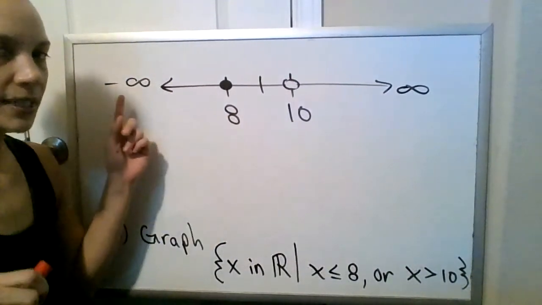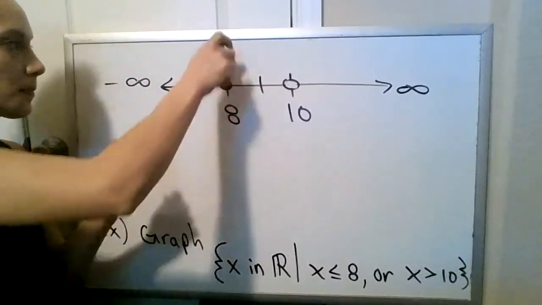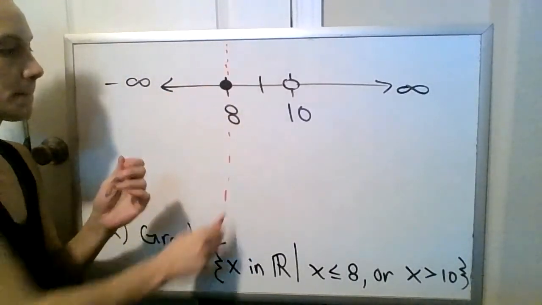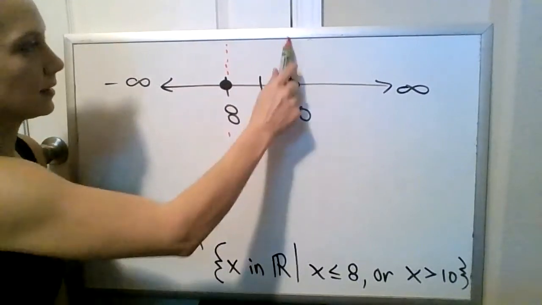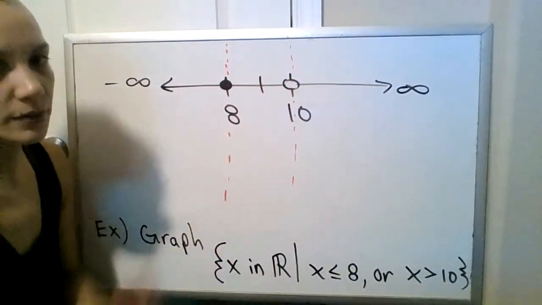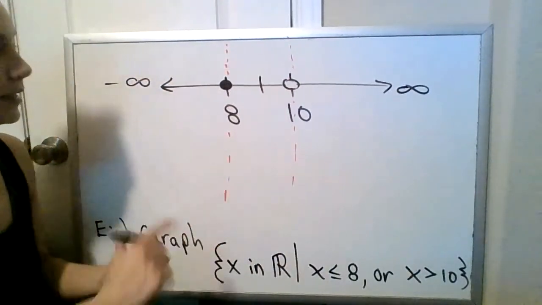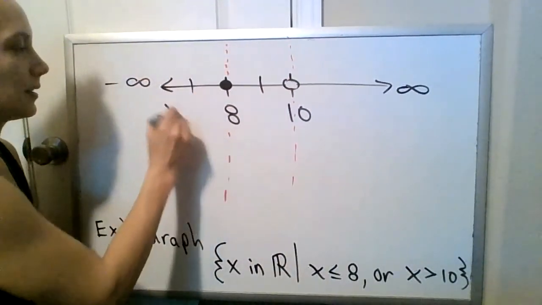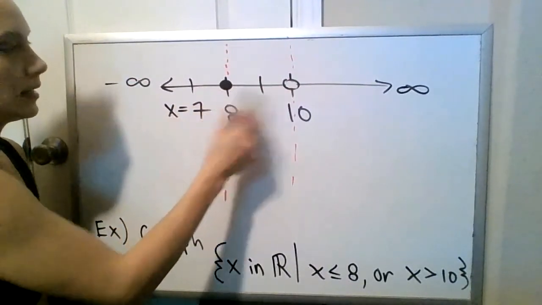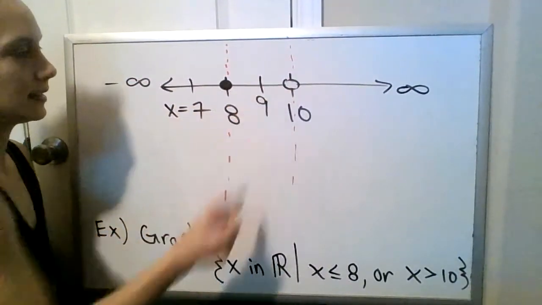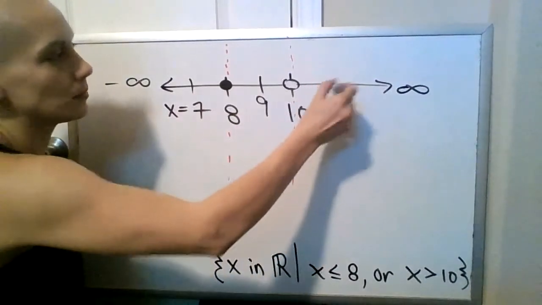So we're testing from negative infinity to 8, 8 to 10, and then from 10 over. So we're picking test points. Let's try 7 and 9 and 12.